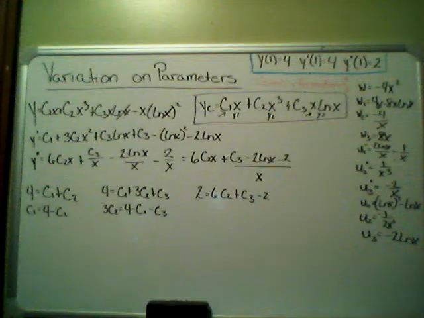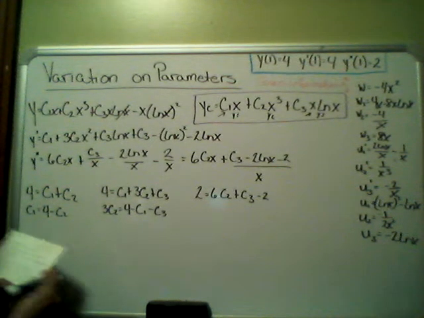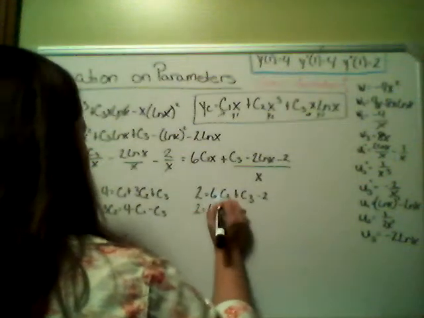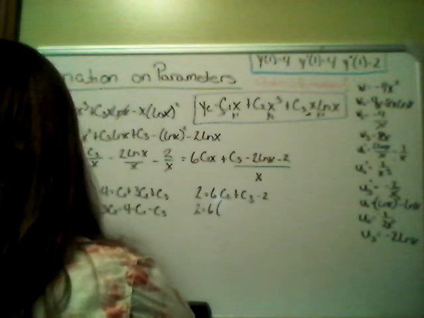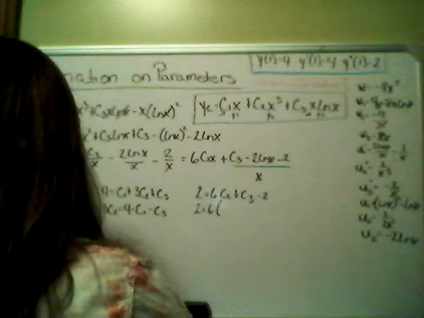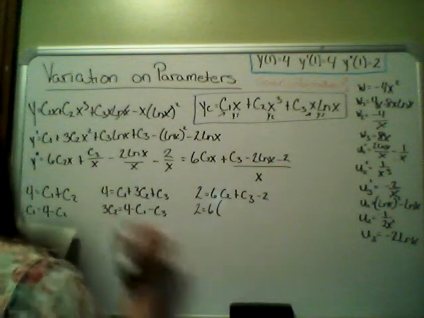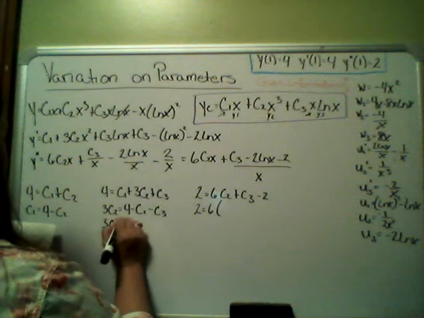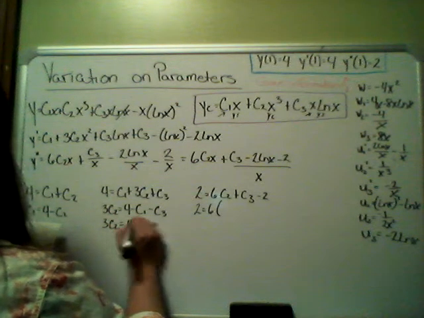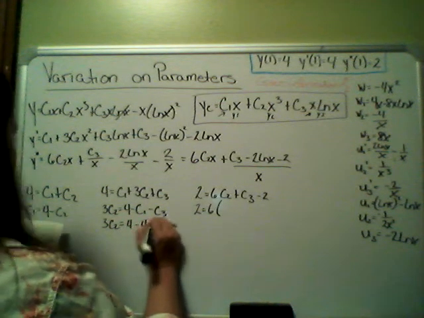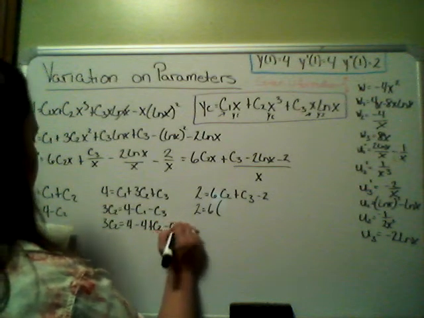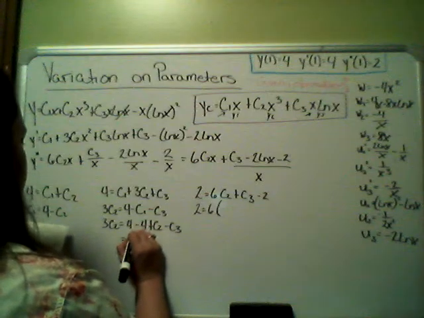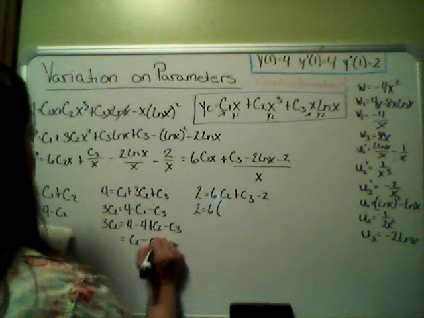And from here, we can go through and start solving. And we're going to solve for c3 first. Oh, I should have finished solving for c2. Sorry about that. Over here, we're going to have that 3c2 equals 4 minus 4 plus c2 minus c3, which will equal c2 minus c3.